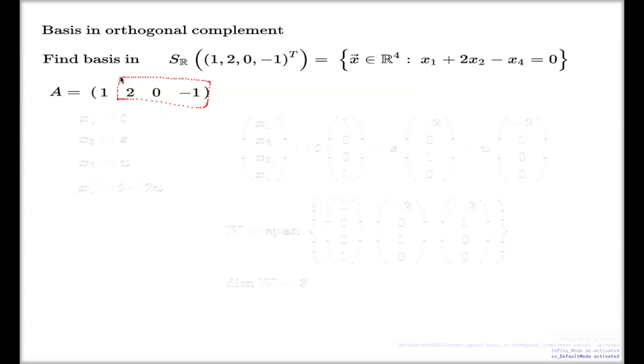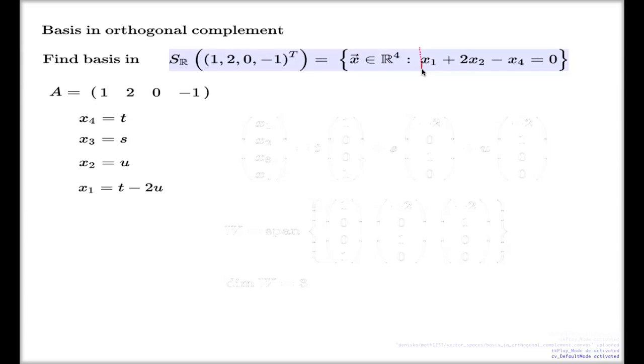So x4 will be parameter t, x3 will be parameter s, x2 will be parameter u, and now I have 3 parameters, and I can solve for the last leading unknown, x1. I solve it from here. Here's the general solution to this system of one equation with 4 unknowns. System is a huge name for one equation, but still it's a system of linear equations.